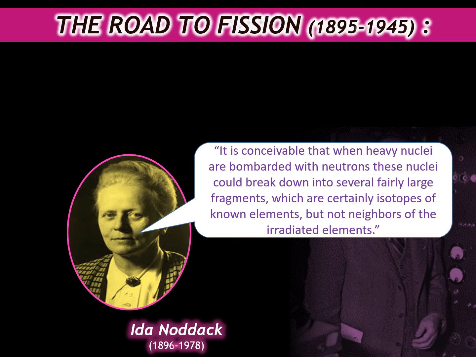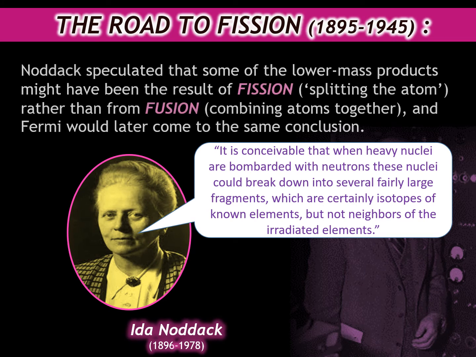So what Noddack was saying is that the lower mass products might have been the result of fission, splitting the atom. You might be getting these lower mass products because you were taking some atoms and breaking them through fission. And that was a better explanation for those lower mass products than fusion, which is combining atoms together to make heavier things.